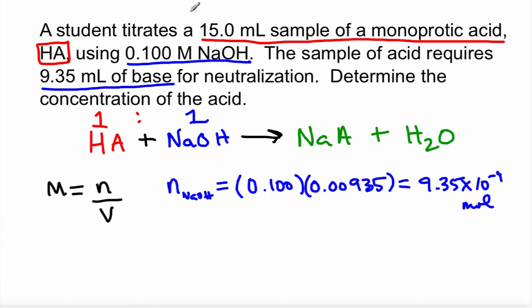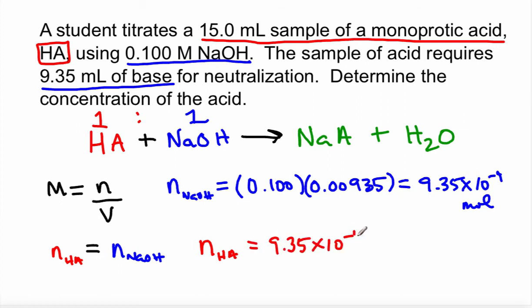But I can say that now I know that the moles of my acid equal my moles of base. And that's only because this is a 1-to-1 ratio. So that's a claim we can make when we have a 1-to-1 ratio. So because of that, I know that my moles of acid are 9.35 times 10 to the negative fourth moles.